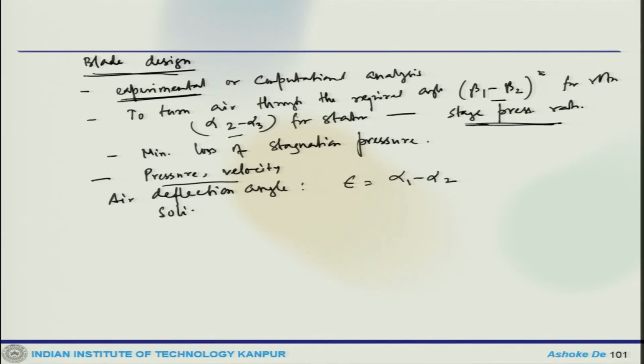Then we can check the solidity, which is sigma, chord by spacing, that means C by S, that means chord by pitch.